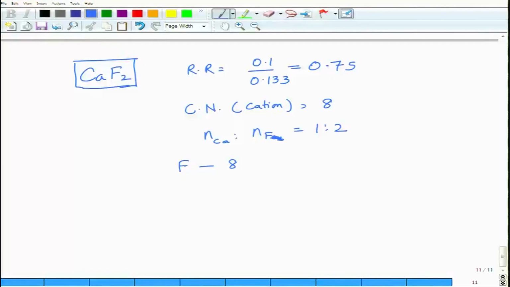So each calcium is surrounded by 8 fluorine, but each fluorine is going to be surrounded by 4 calcium, okay. Then only it is going to be electrically neutral. So this is required for electrical neutrality, we will see some of these examples in the coming slides, okay. So we will finish here. We will start the next lecture with the structure of other ionic solids, okay.